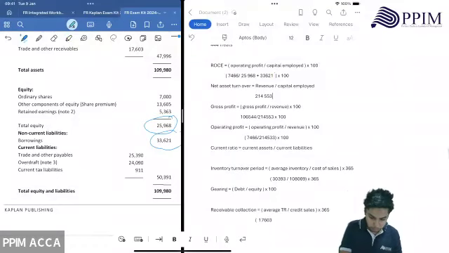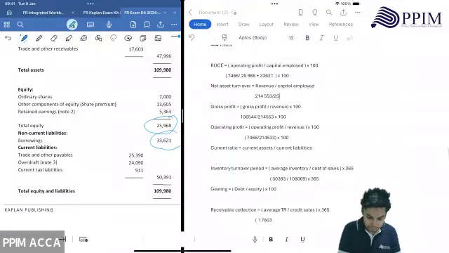These are what we call capital employed. So once again, guys, over here, 25,968, okay, plus 33,621. That's it. Right. Then, guys, over here, current assets and current liabilities.